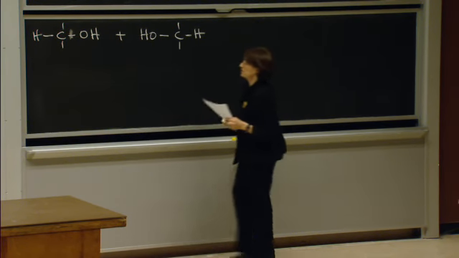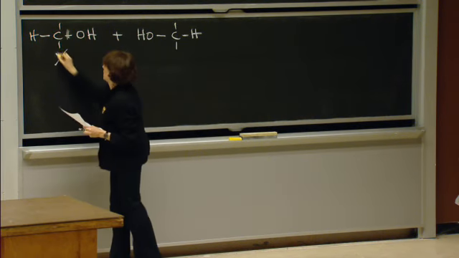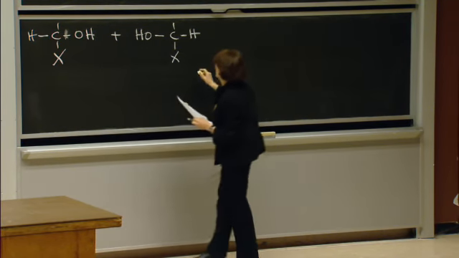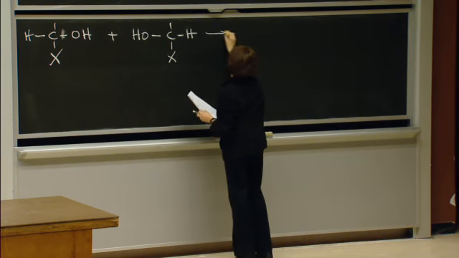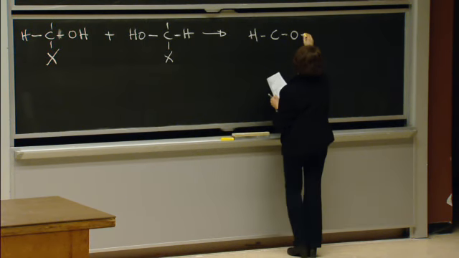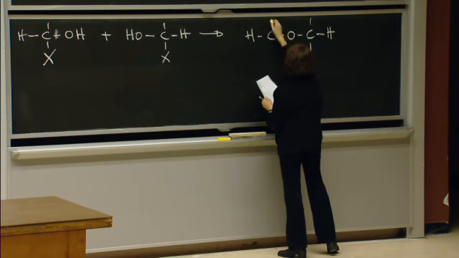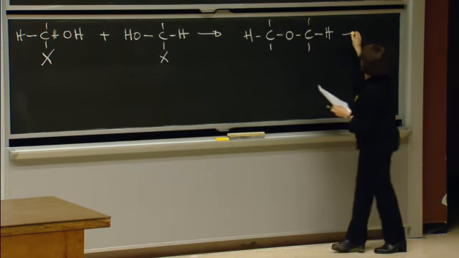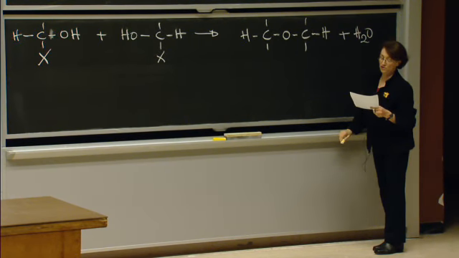I'm not going to put all the side groups on, but you understand there are other side groups here, or another carbon there, giving rise to, with the release of water. So here is a condensation reaction.